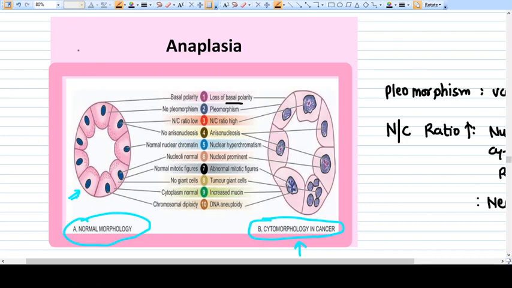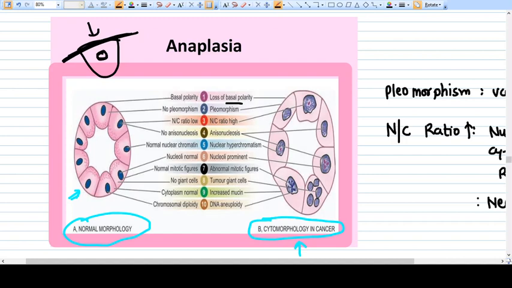This is the base of the cell, and this is the nucleus. The nucleus is synchronized with the basal layer. But here there is a loss of basal polarity.